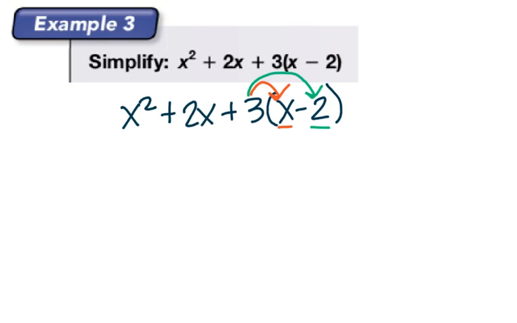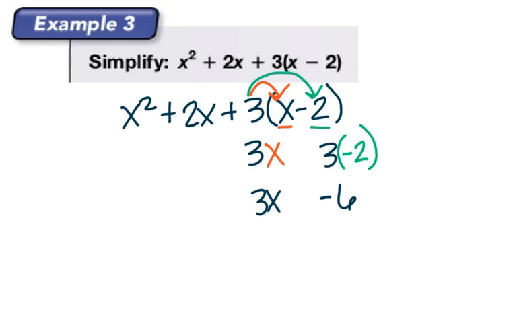So let's focus on that. I have a 3 and an x, and then I have a 3 that needs to be distributed to my negative 2. So this becomes just 3x, and this one becomes a negative 6.